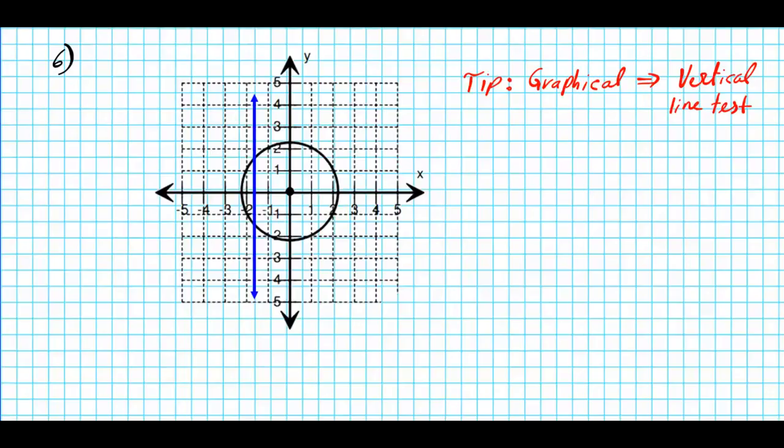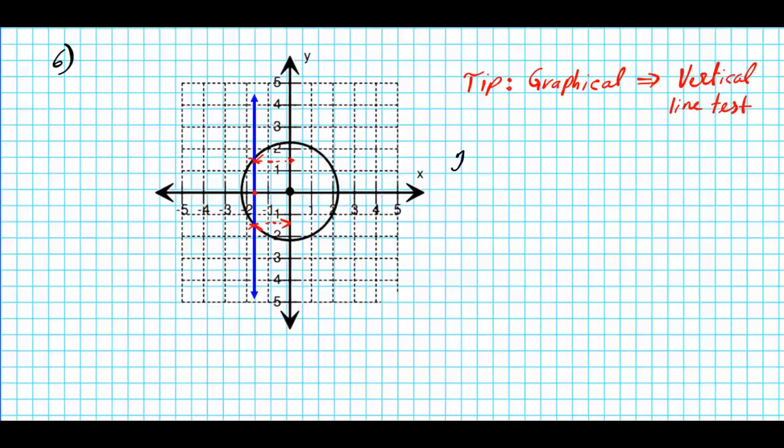Okay, so at that point, the vertical line intersects right here and right here. It intersects more than once. So what does that mean? It means for this particular input value, you're going to have an output here and an output there. Okay, so the graph of this relation fails the vertical line test. So that makes it not a function.